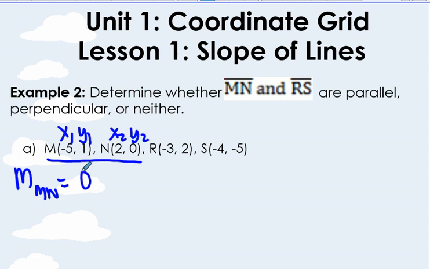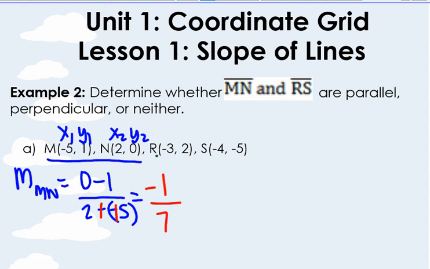So I've got 0 minus 1 in the top, and 2 minus -5 in the bottom. Okay, so when we subtract negatives, they become positive. So 0 minus 1 gives us -1, and 2 plus 5 gives us 7, so -1/7.